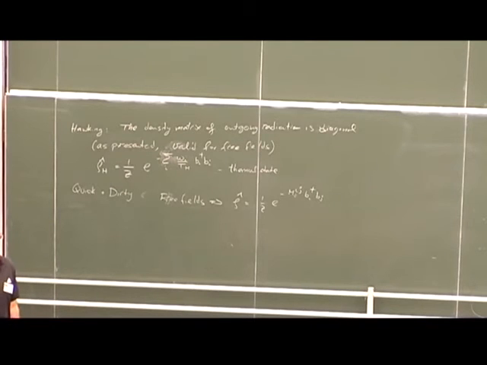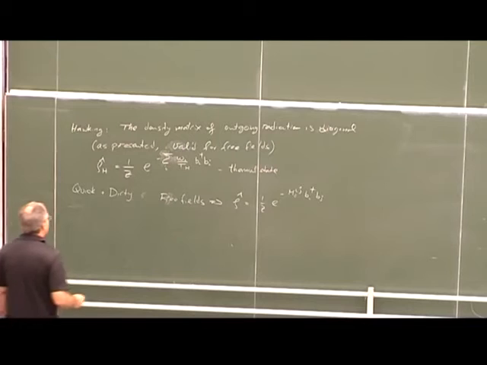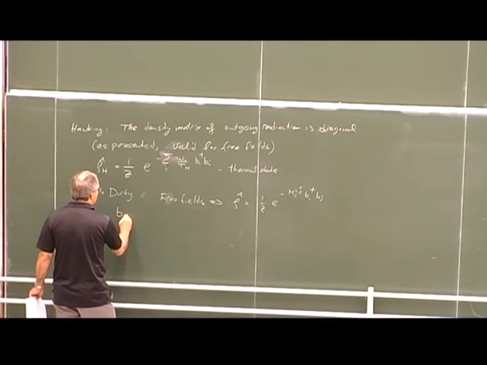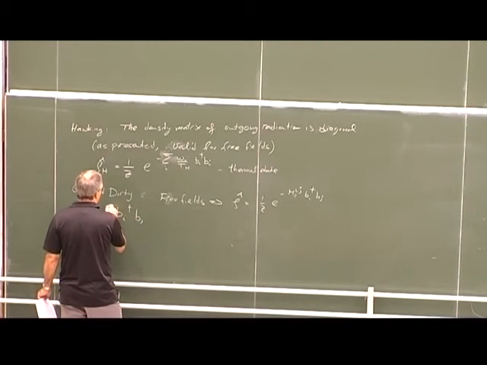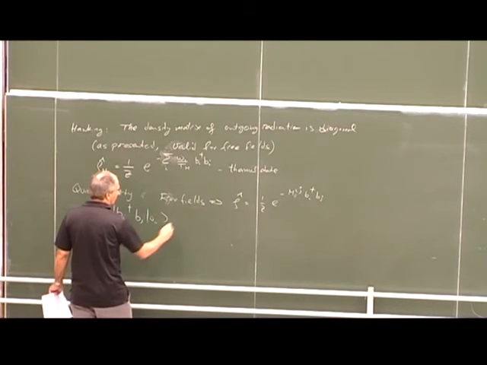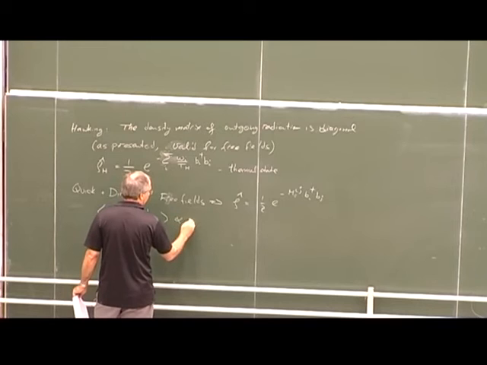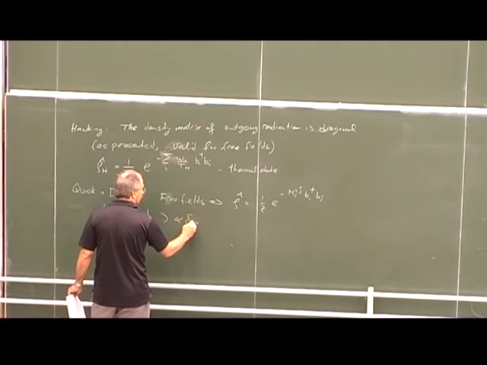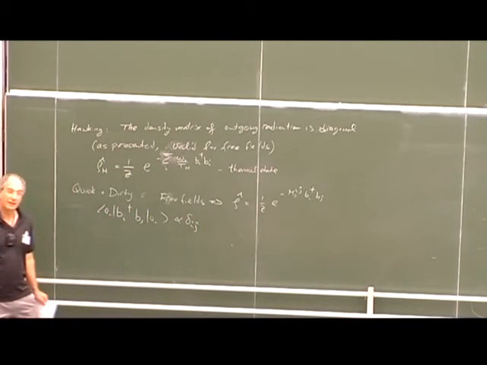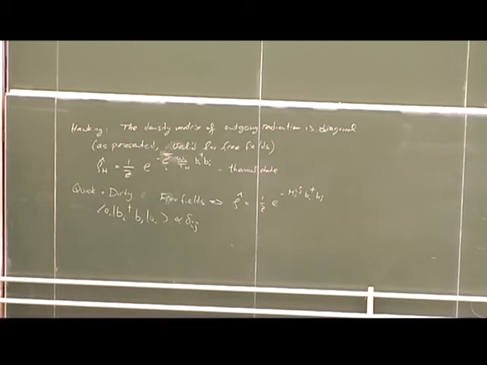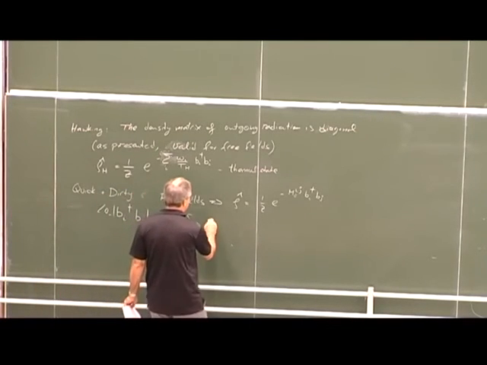Okay. But we have seen that this was proportional to delta_ij, right? This is the calculation that we did before. So this means that M_ij is diagonal.